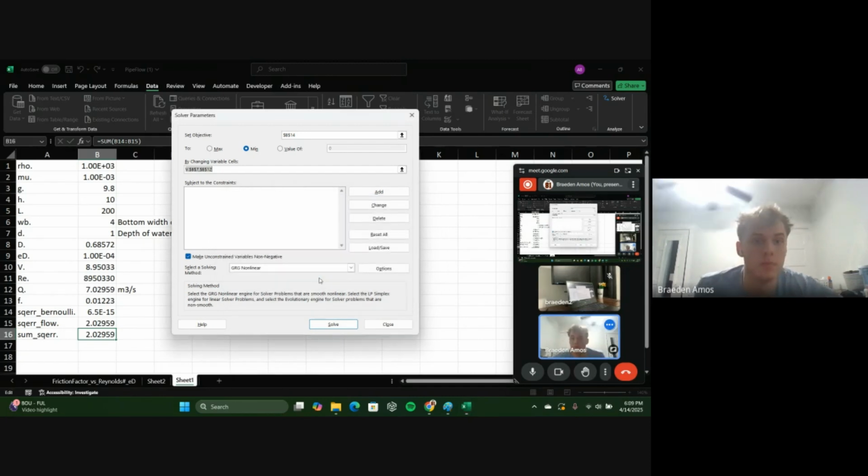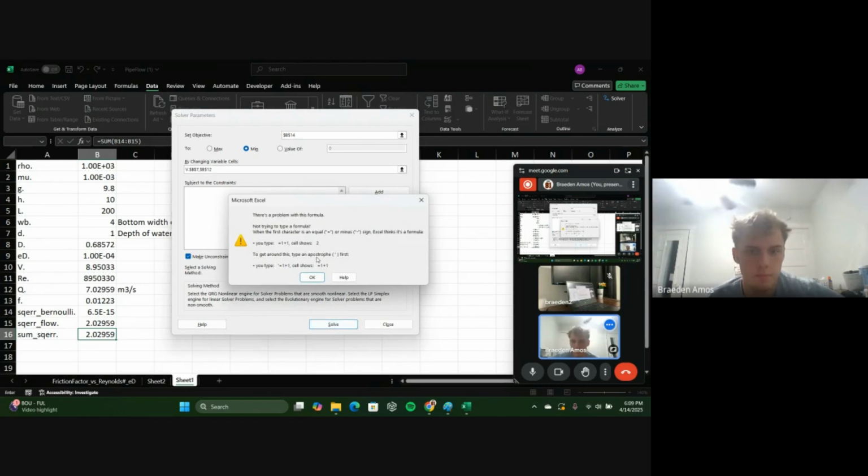Ooh, that's not it. The first character is an equal sign or minus sign, so Excel thinks it's a formula. It probably is a formula.